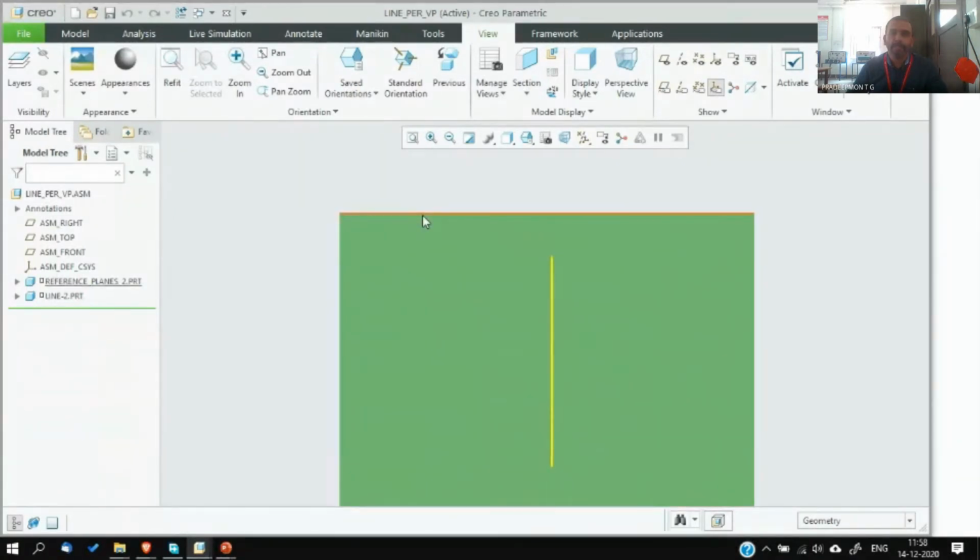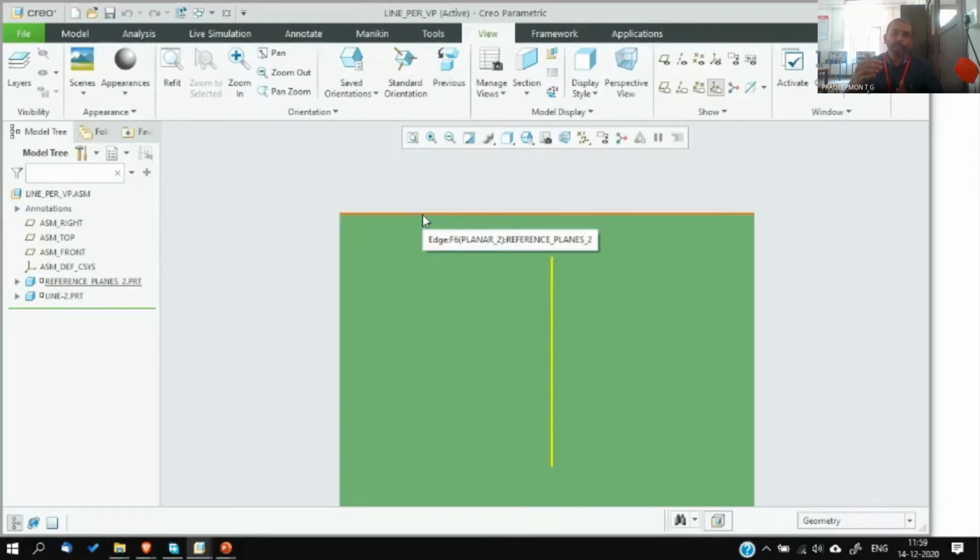This highlighted orange line represents the XY line in the top view. So in this top view, it is a straight line which is perpendicular to the XY line. So when the line is perpendicular to VP, the top view will be a straight line which is perpendicular to the XY line.